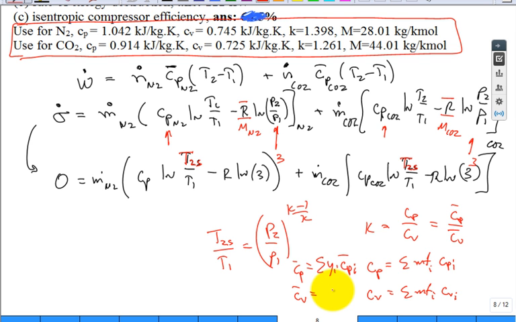Okay. Final temperature is very close to the one using the tables. It's like 402. Temperature T2S is like 402. And the isentropic efficiency is around 72.5%. The answers are all very comparable because I tried to pick the average C sub P and C sub V values in the temperature range of interest. All right. Any comments on that?